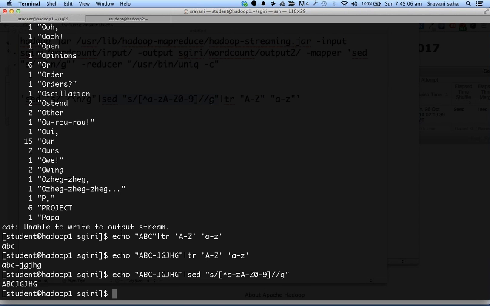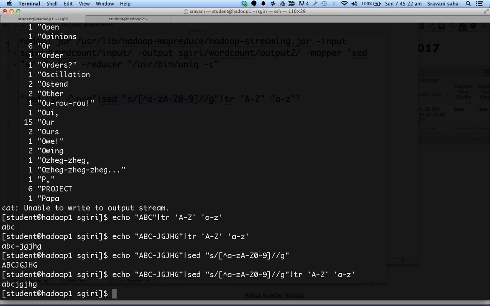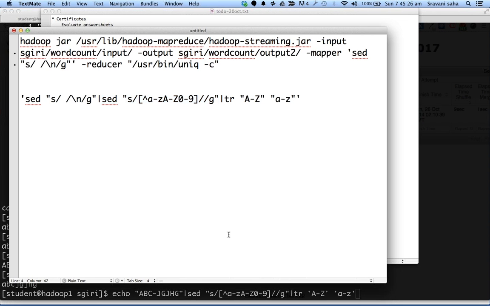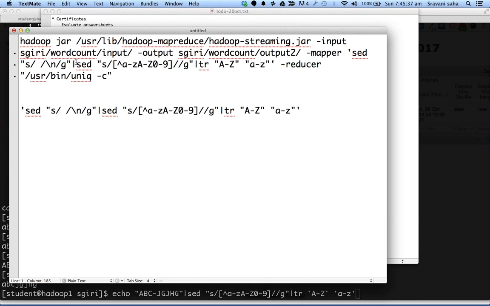So in abc dash dash jghj, the dash has been deleted by this command, and afterwards we can further do a translation. So basically this command helps you clean up the input, right?